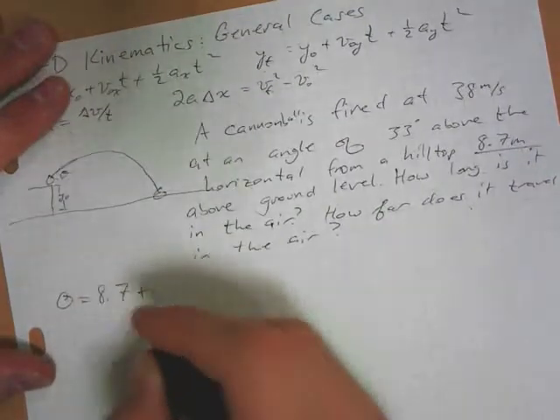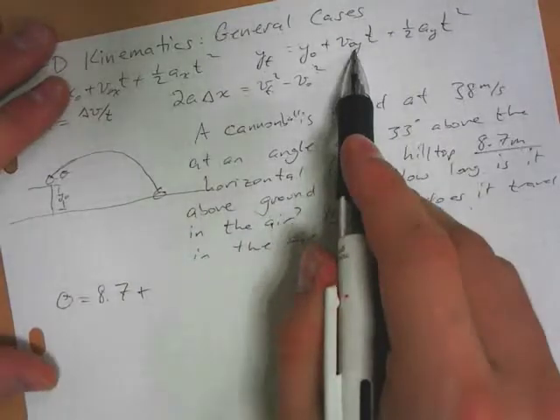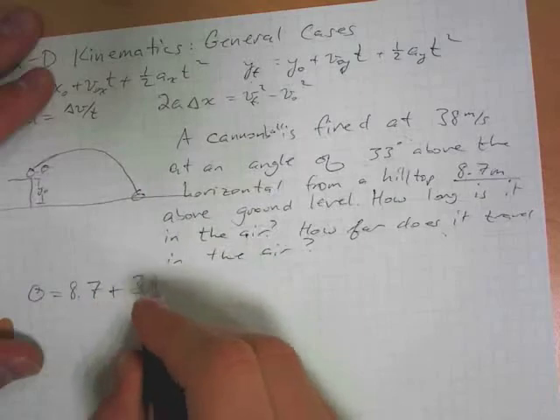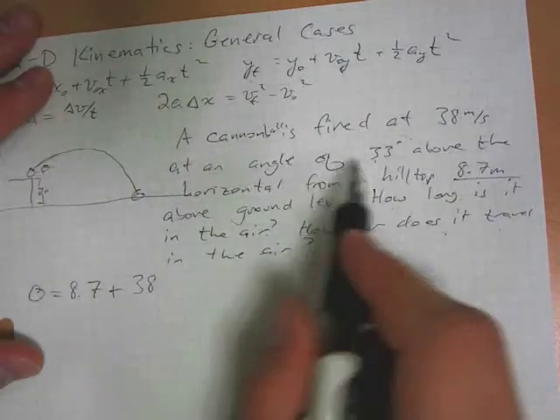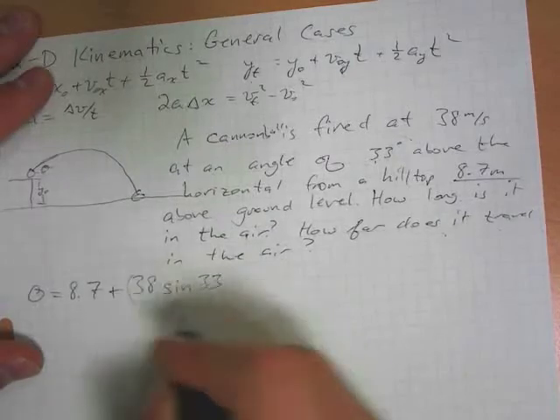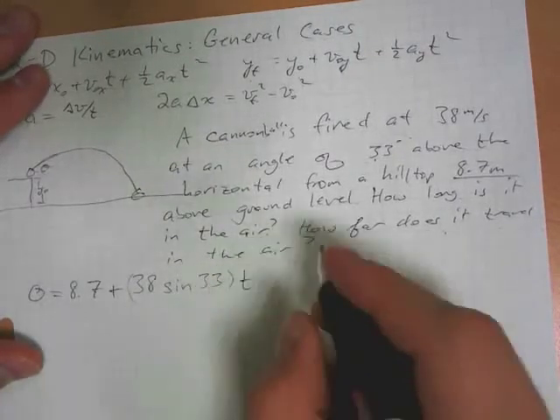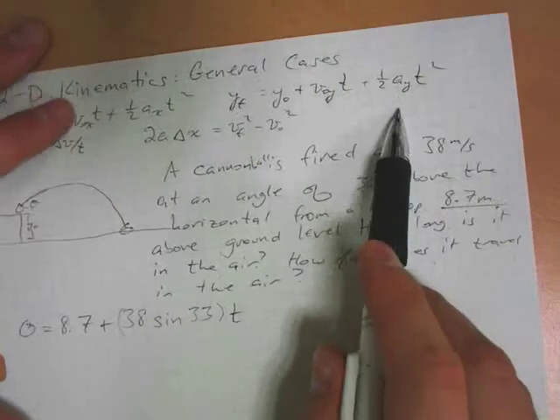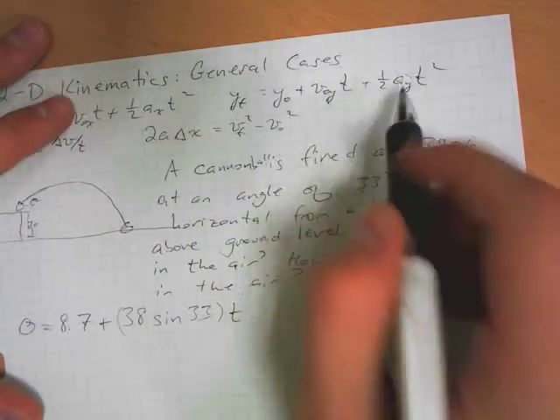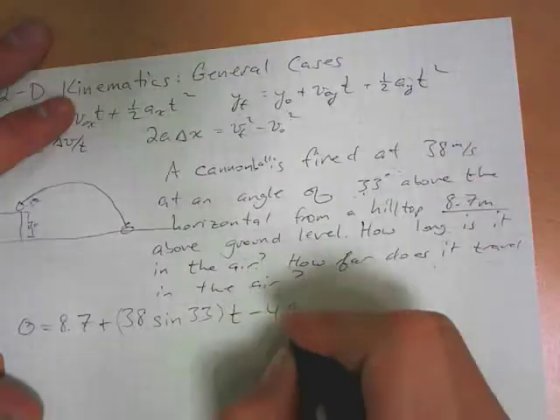V naught y. Well, we're at 33 degrees. Our initial velocity is 38, and we're at 33 degrees above the horizontal, so that's 38 sine 33 for the y component of the velocity times time. And our acceleration is the acceleration of gravity, so that's minus 9.8 meters per second squared, so half of minus 9.8 is minus 4.9 t squared.